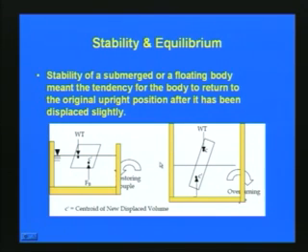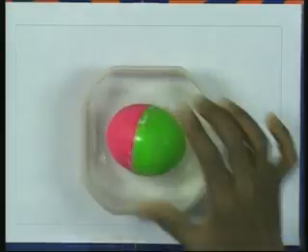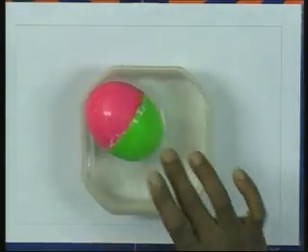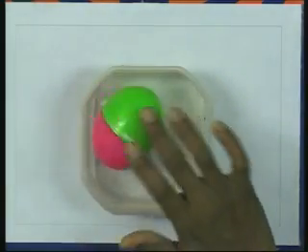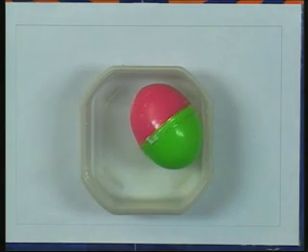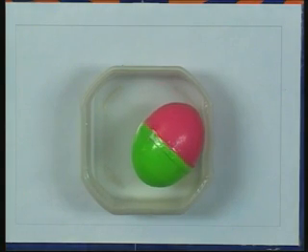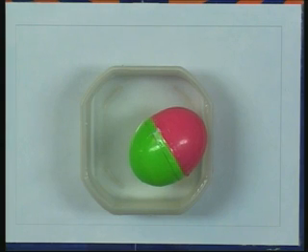So, if we have water in a container, we can put a body in it and it floats. When we apply an overturning moment or force, what happens to the body, whether it comes back or overturns, is what we are discussing here.